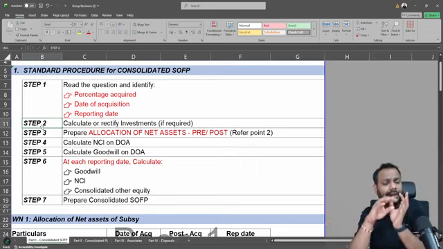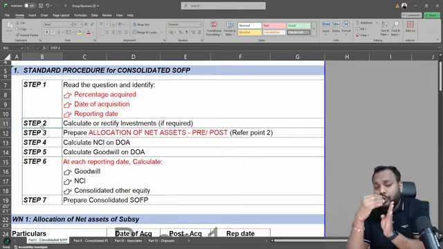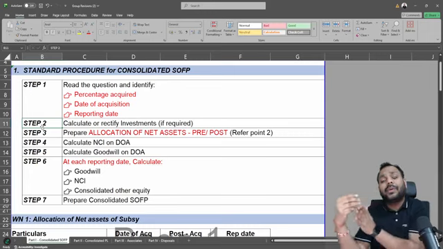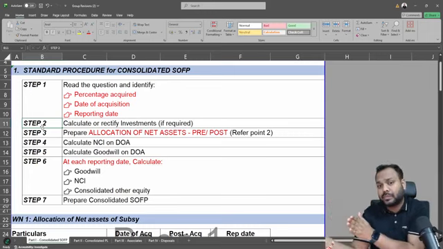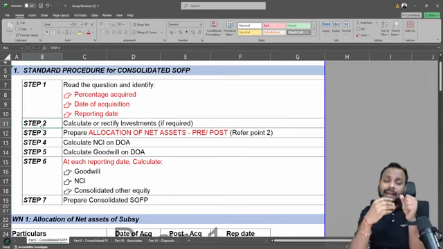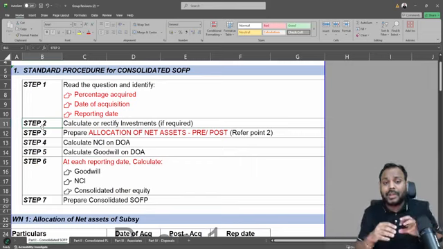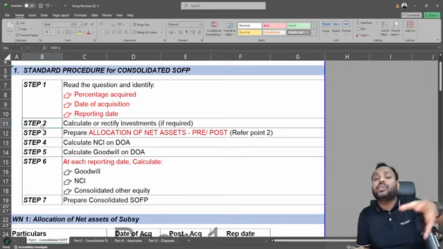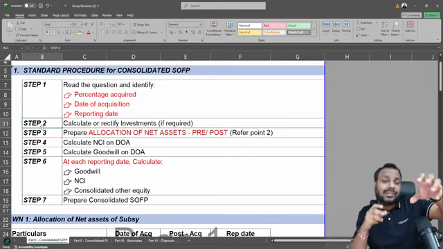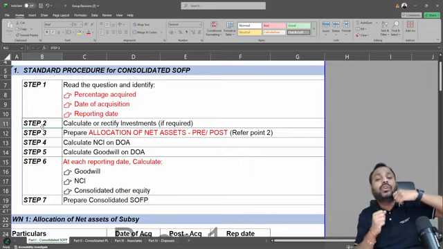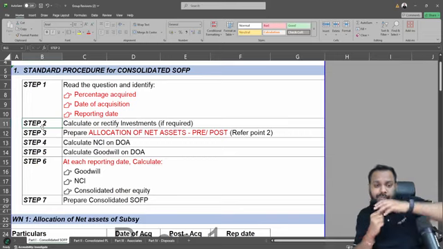Additionally, the parent has promised to pay $12 million cash after a period of 3 years. Additionally, the parent has also issued equity shares of its own company in the exchange ratio of 2:3, meaning for every 3 shares acquired, the parent is issuing 2 shares of its own.